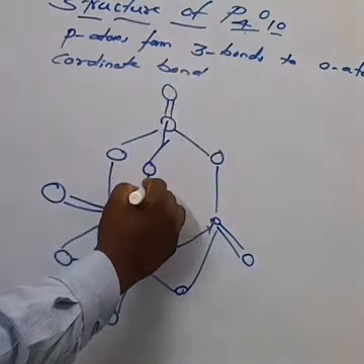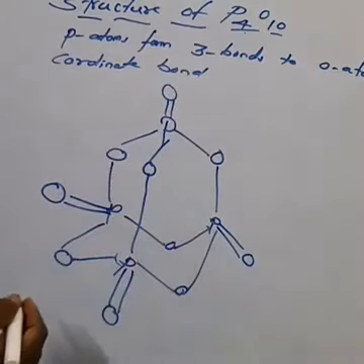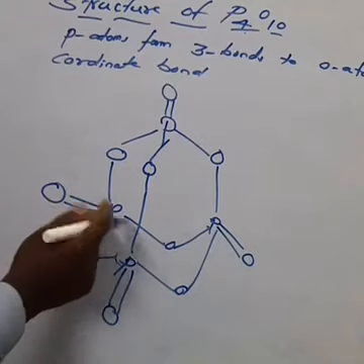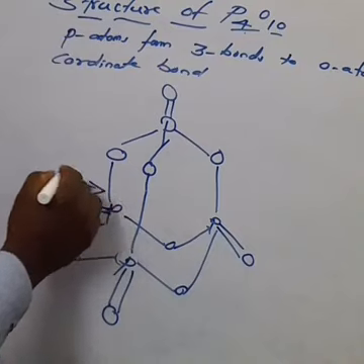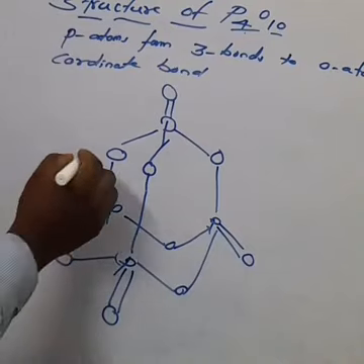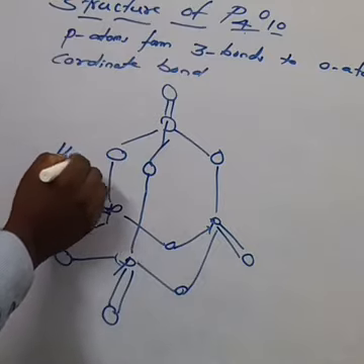Okay. Now we have to write the phosphorus oxygen bond length, which is about 143 pm, picometer.